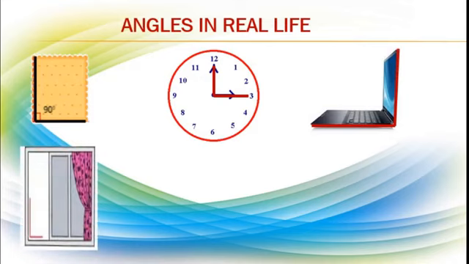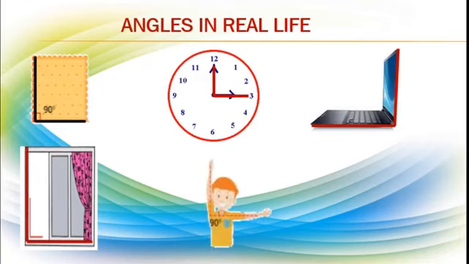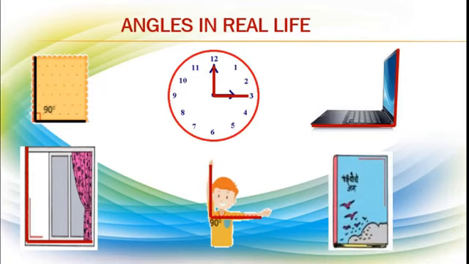See this, a window. The adjoining sides of the window also form an angle. See how the boy is standing. Here also we can see an angle that looks like the capital L of our alphabet.